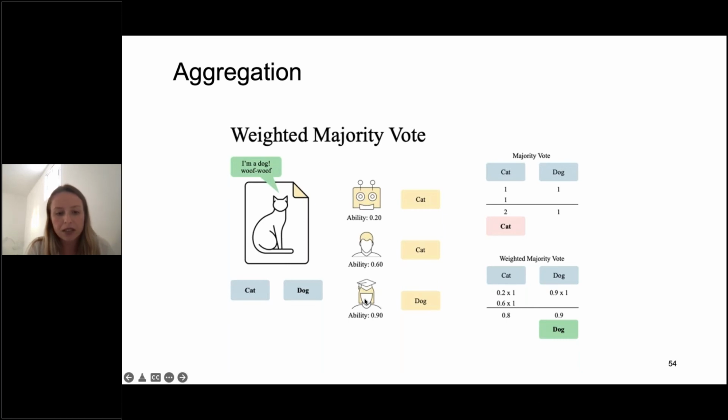The third performer actually has a higher ability than the first two. And even though he was the only person who said that the label is a dog, if you compute the weighted majority vote, the label should be a dog and not a cat, as the normal majority vote suggested. So this is just an alternative you could use if you know the abilities of your performers.